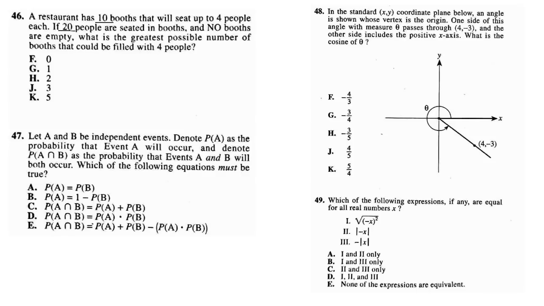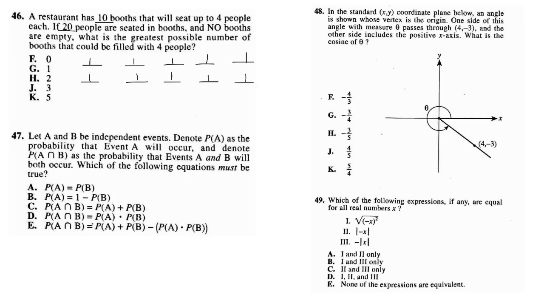And one way to figure this out is I just drew this out, if you don't see initially what to do. So that's going to be 2, 4, 6, 8, 10 booths. And you know no booths are empty, so the first 10 people are essentially taken up.